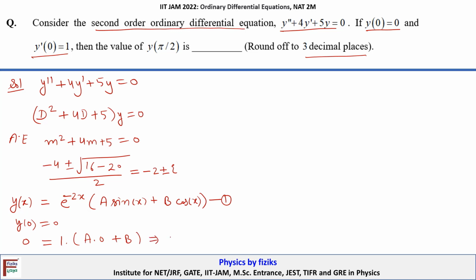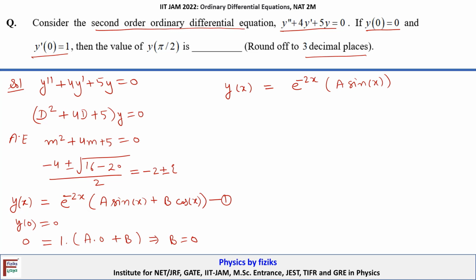Therefore from here we obtain b is equal to 0. Now, by substituting the value of b in this obtained solution, we can again write the solution as y as a function of x is equal to e to the power minus 2x into a into sine of x.